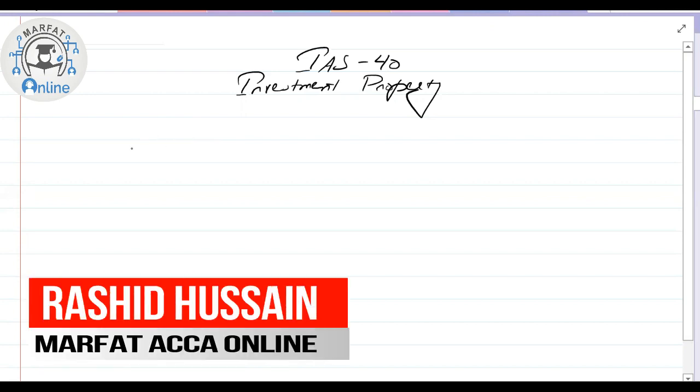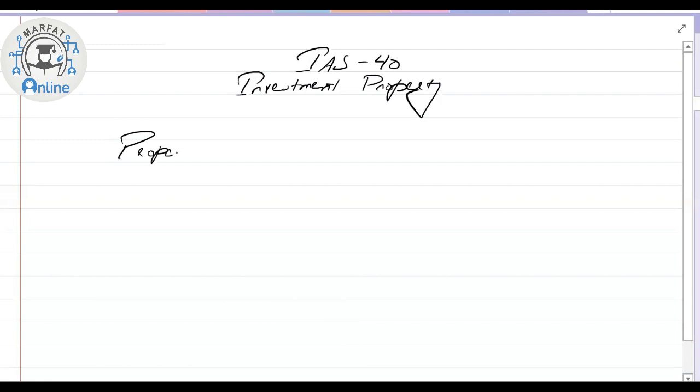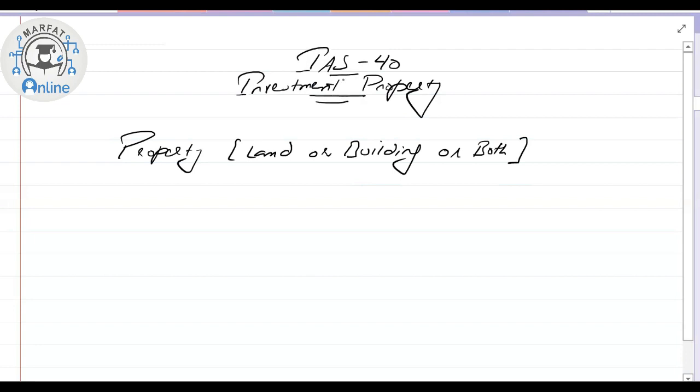But here in IAS-40, it's a property, which means land or building or both. IAS-40, investment property, which is land or building or both, held for, now held for what?